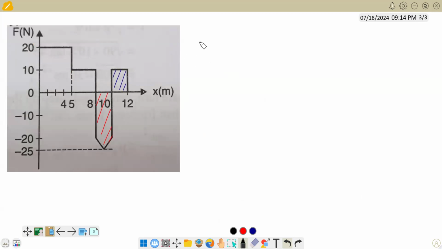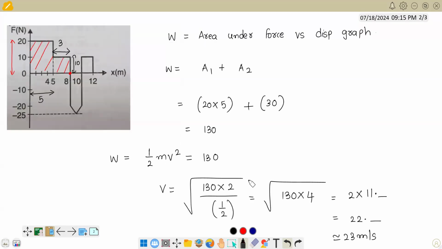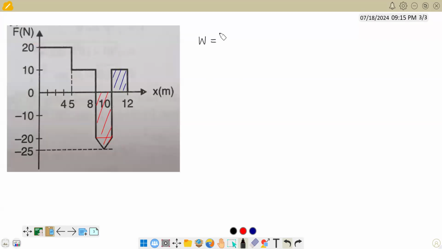We get this new area by breaking it down into a rectangle and a small triangle. Total work done: already we have our 130. So this is the extra thing that we get: 130 plus this rectangle, where the base is 10 minus 8, so 2, into height.